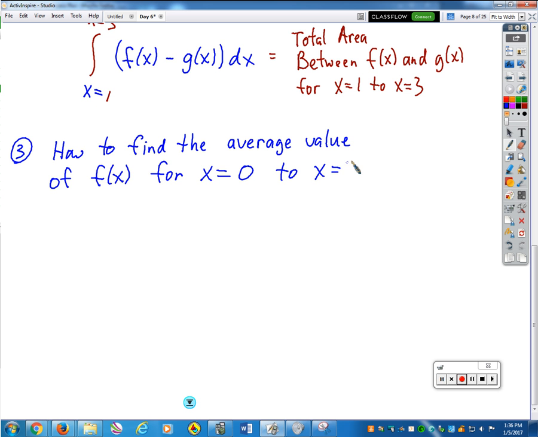It could be something else, but let's go with that for now. So today's topic is how do we find the average value of some function between this x coordinate and this x coordinate?